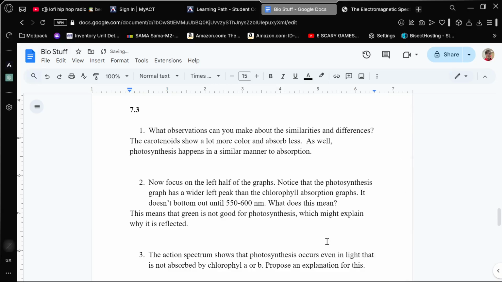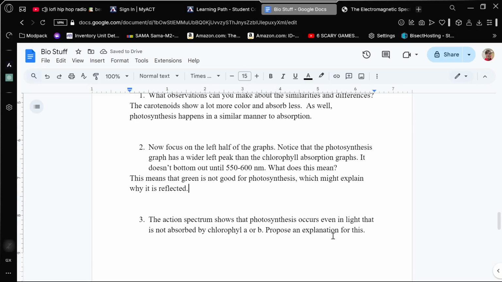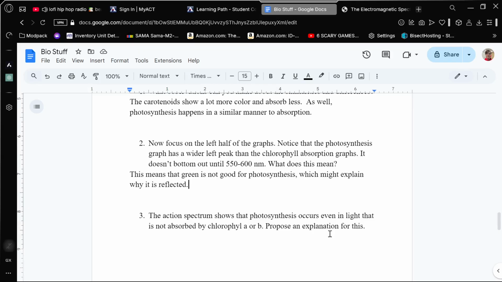The action spectrum shows that photosynthesis occurs in light that is not absorbed by chlorophyll A or B. Propose an explanation for this. Let me think real hard. Photosynthesis does occur, but it's not at a huge rate.